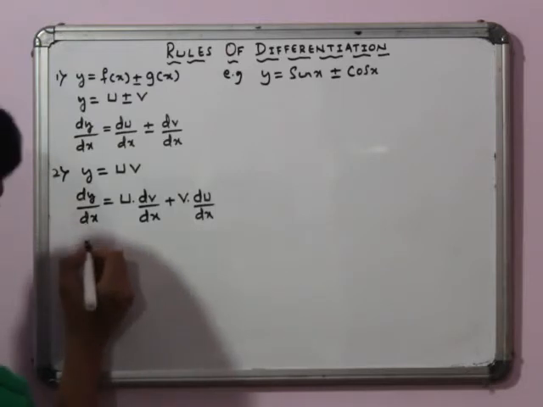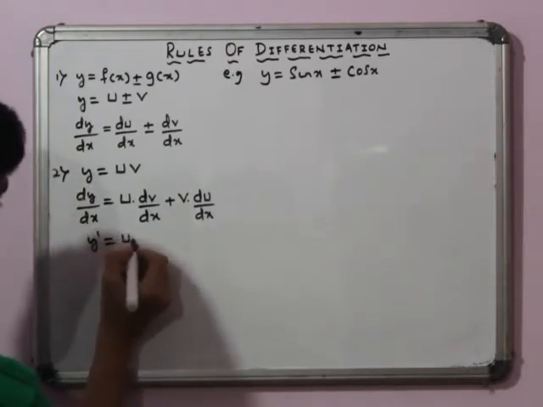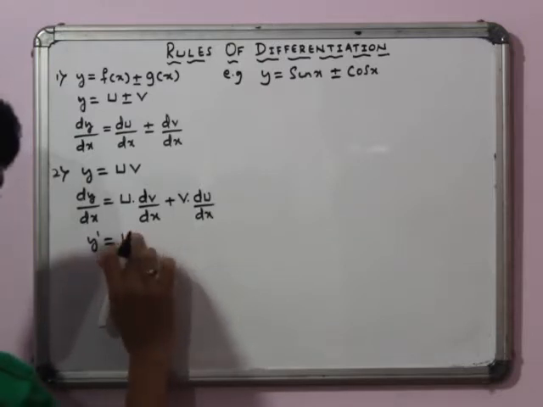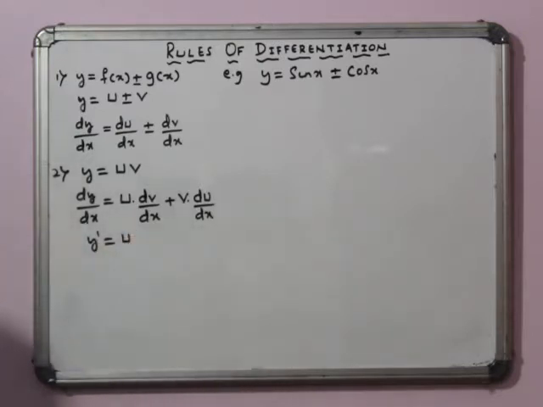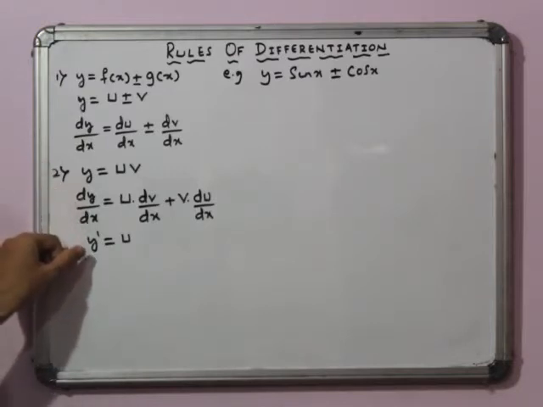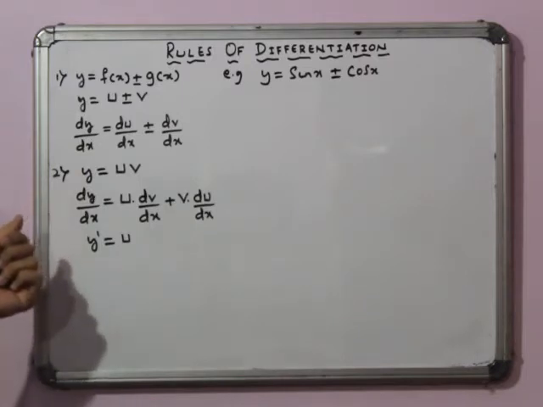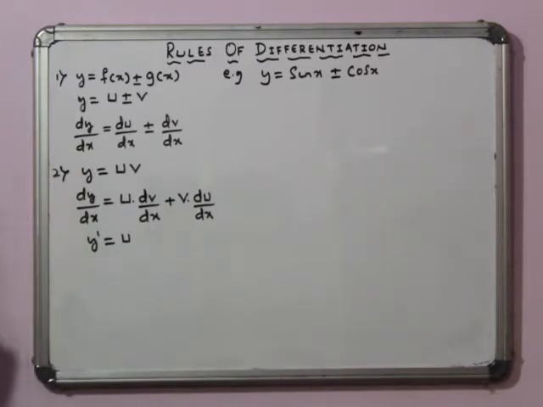In other words, we can write it like this: y dash is equal to u into, so as I explained in the previous class, dy by dx is also a derivative. If I write y dash, that is also considered a derivative, and even if I write y1, that is also a derivative. Okay, those are the different notations for expressing a derivative.